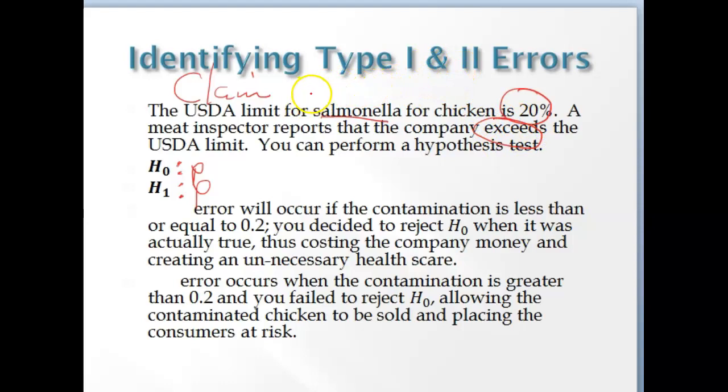So the proportion of salmonella is greater than 20%. That's my claim. Since my claim contains a condition of inequality, my claim is actually my alternate hypothesis. So P is greater than 20%, written as a decimal, that would be 0.20.